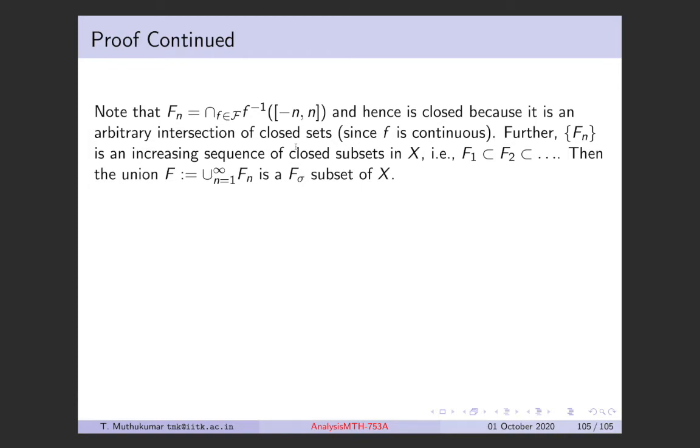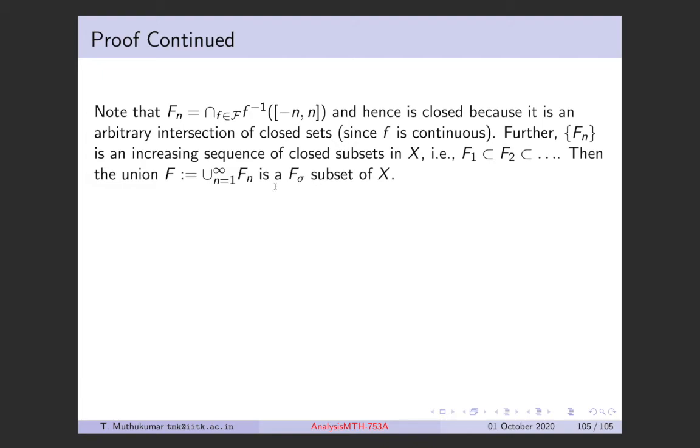Because F1 is contained in F2: F1 is related to the inverse image of [-1, 1], whereas F2 is related to [-2, 2], which contains the interval [-1, 1]. So you have this nested property of these sets Fn.